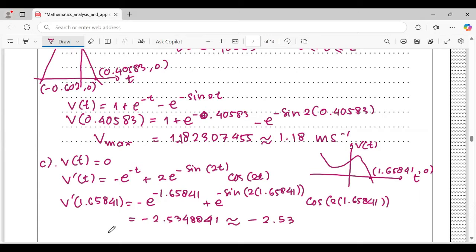So acceleration is minus 2.53 meter per second squared. The minus means this is deceleration. The type of acceleration is deceleration because it has a minus.